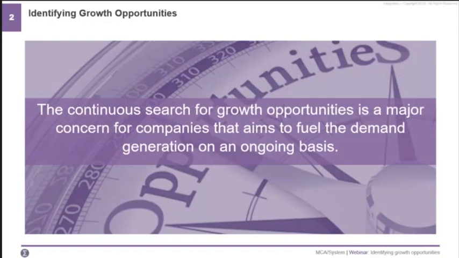So we've been working with clients on how to use the toolkit that we're going to look at to identify opportunities for growth and then to help them to move in a direction so that they can actually leverage against those opportunities.